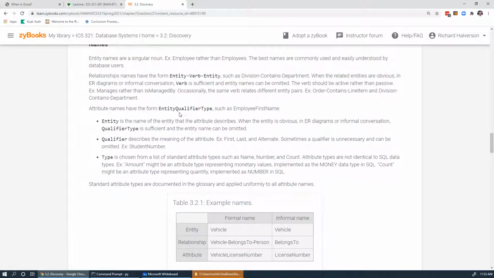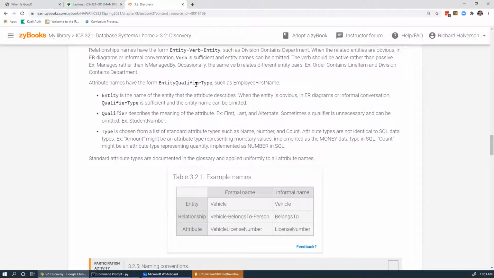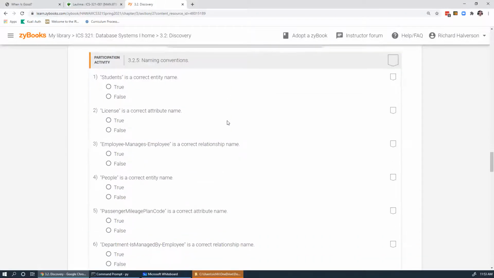Attribute names have the form entity qualifier type, so this would be like the names of columns. All right. So that's just naming conventions.